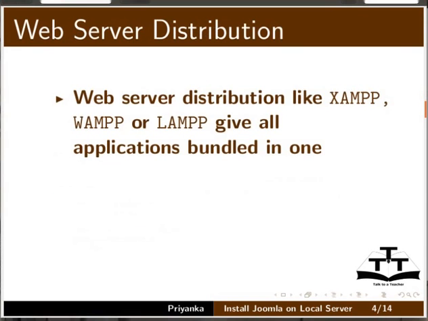You can either install these separately or together using a web server distribution like XAMPP, WAMP, or LAMP. Web server distributions give you Apache, MySQL, and PHP bundled in one.